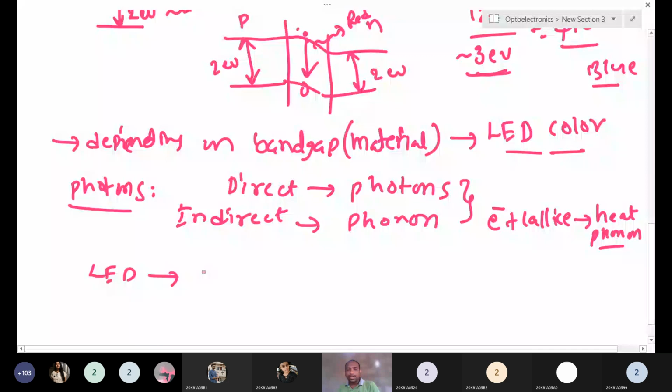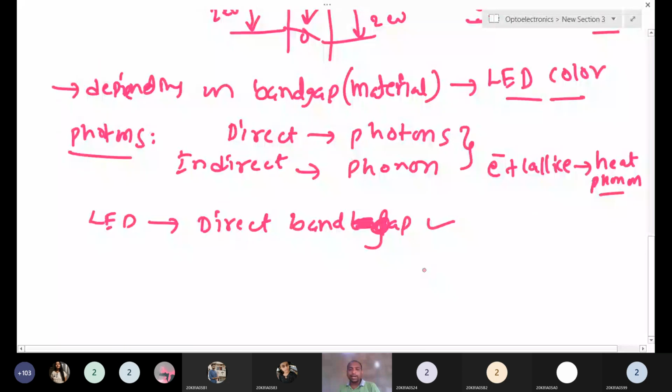We always choose direct band gap material. Direct band gap semiconductors are mainly compound semiconductors. Silicon and germanium are indirect, so they are not useful for making LEDs.